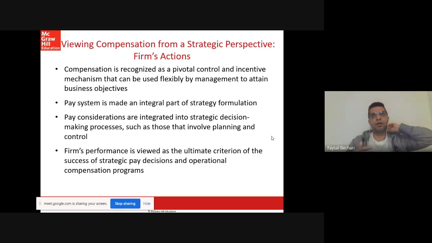You can utilize it to reach your strategy formulation. You probably need a highly skilled person, you pay more. You need a low skilled person, you pay less. It depends on the strategy you want to reach. Pay considerations are integrated into the strategic decision making process, such as those that involve planning and controlling.